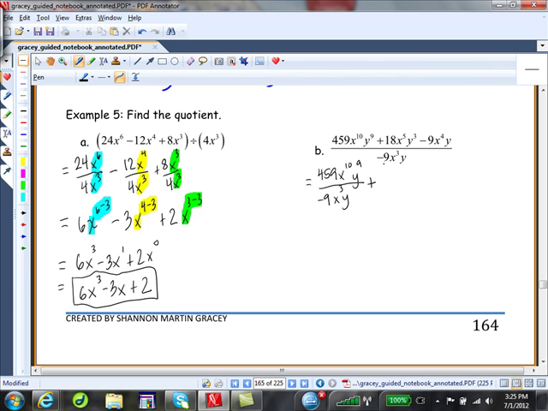And then we'll have plus 18x to the 5th y cubed divided by negative 9x cubed y minus 9x to the 4th y divided by negative 9x cubed y.